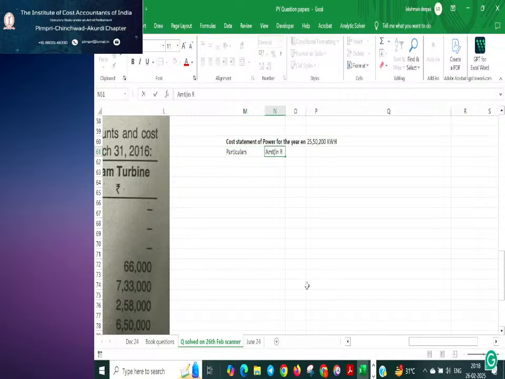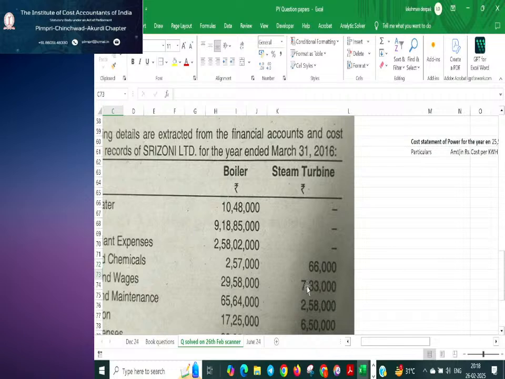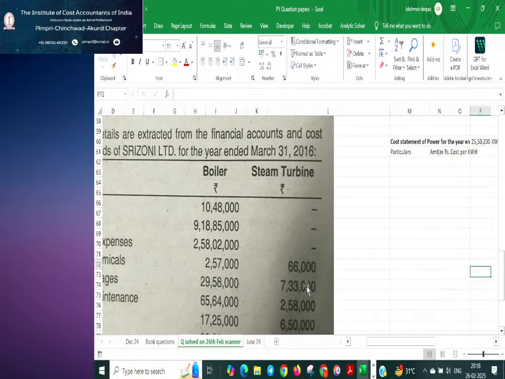Amount in rupees and cost per kilowatt hour. So if you see, you have salaries and wages, repair and maintenance. So what I will do, I will take the steam cost, entire cost. So I am just copying it from the answer. Entire cost comes to 13 crores 34,000.